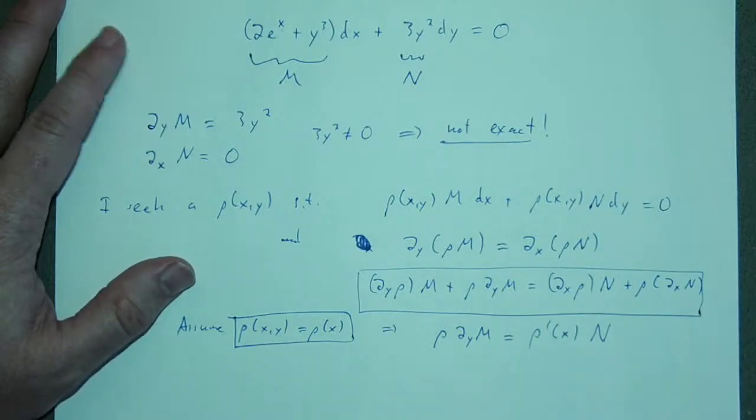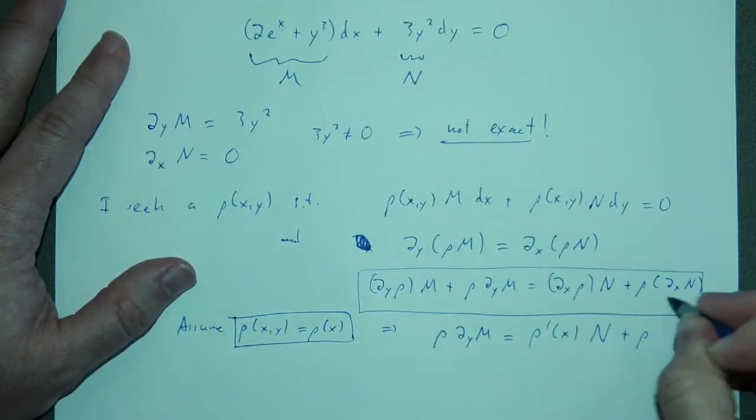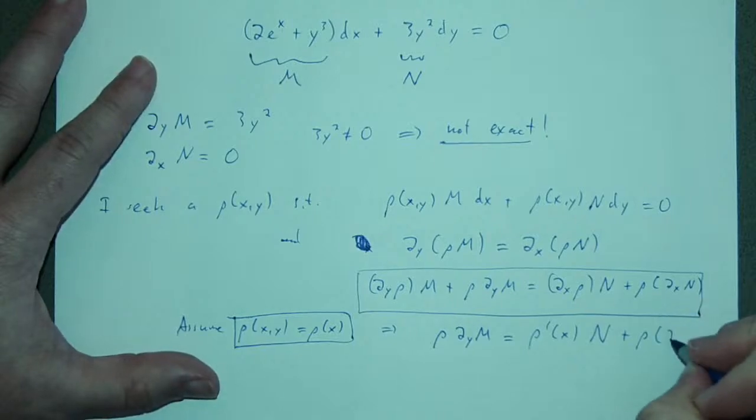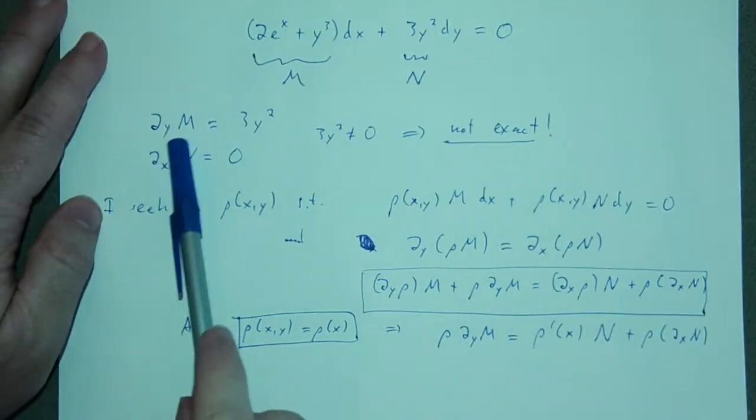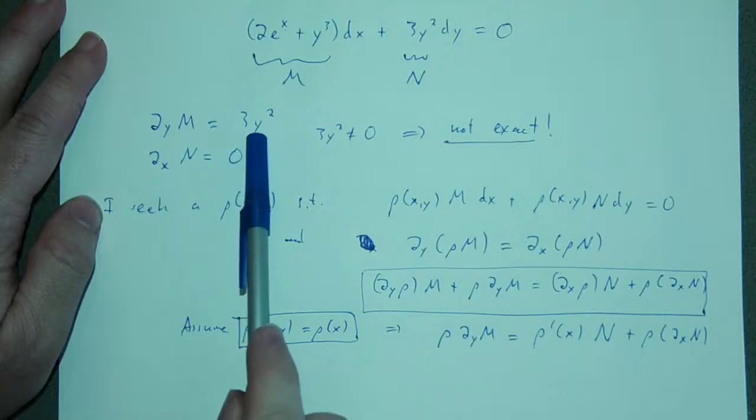So it's rho prime times N plus rho times the x partial of N. Well, now it's time to actually compute these things. The y partial of M is 3y squared.